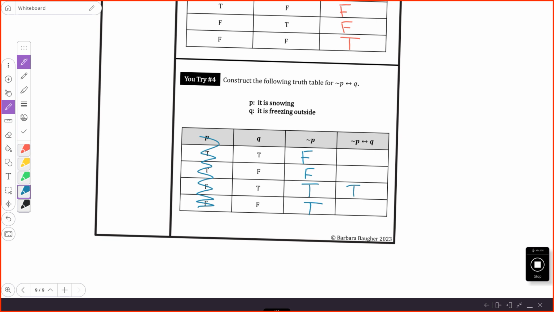If they're both false, it's true. And everything else is false. Got it? If it's FT, it should be TF.